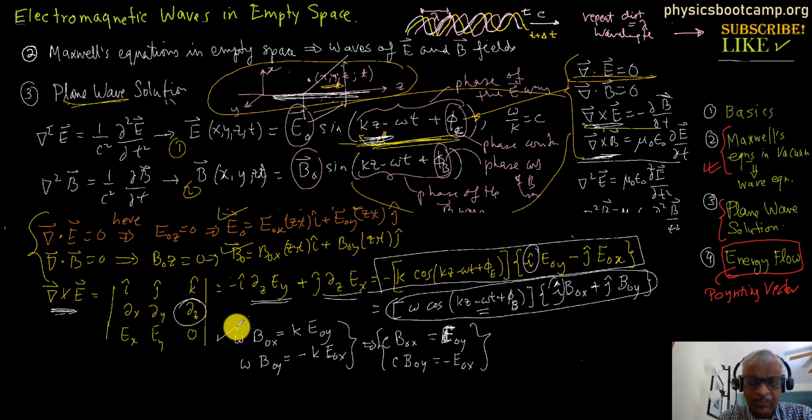So along the x-axis we get this, along the y-axis we get this, and using omega over k equals c, you can see the B0x component is related to the y component of the electric field, and the y component of the magnetic field is related to the negative x component of the electric field. So let me erase and come back to explain the meaning of these things.